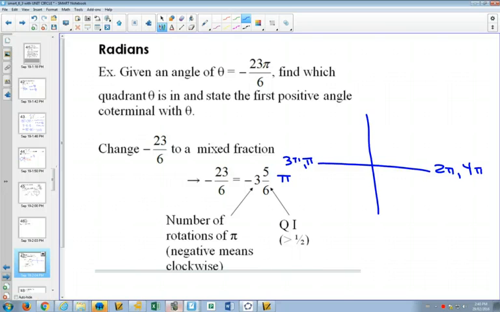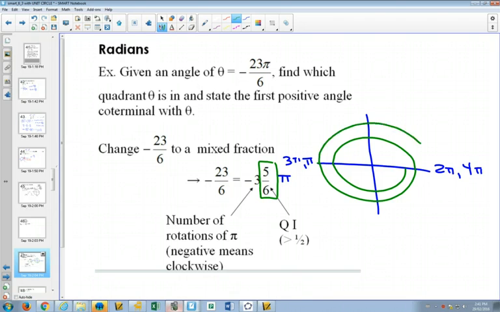So if you went negative 3, that means 1 pi, 2 pi, 3 pi, and then whatever the fraction is, if that fraction is bigger than a half, that means you'll go past half and end here. And since it was a negative angle, I'm thinking about going in the opposite direction. That's going to end in quadrant 1.